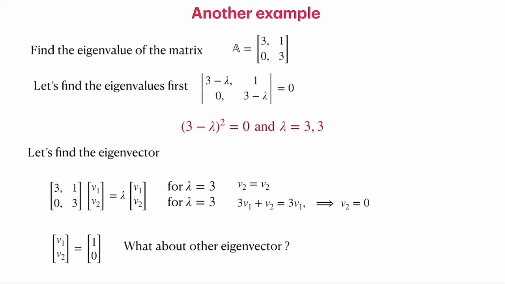What about the second eigenvector? It is not possible to find the second vector here because both the eigenvalues, which are the same, have been already used, and we have not got any condition for v1 while we have already fixed v2. So that means we cannot have any more eigenvectors.